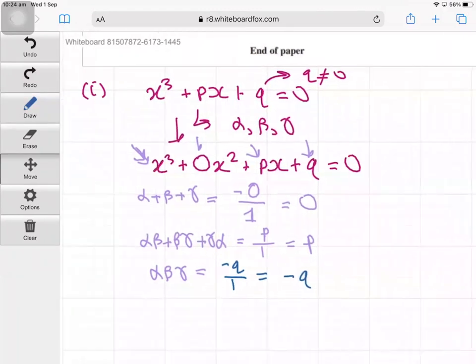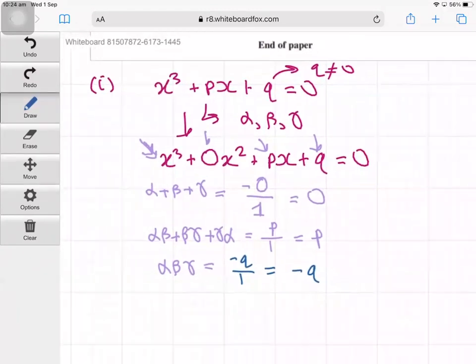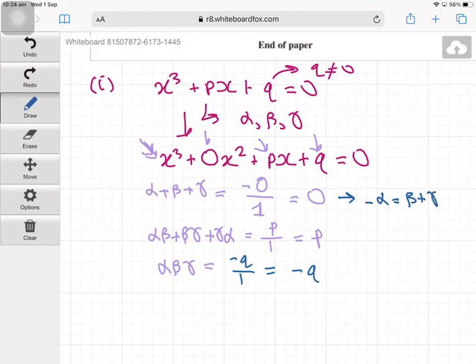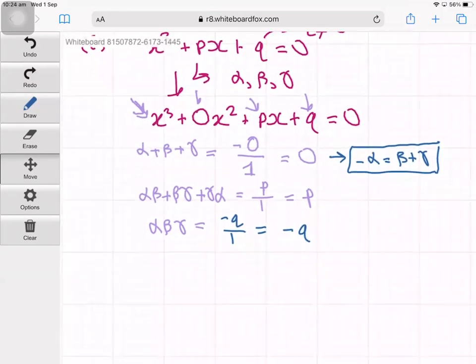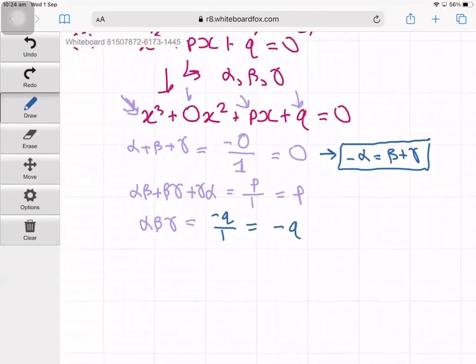Okay, so alpha plus beta plus gamma equals 0 gives us that minus alpha is equal to beta plus gamma. And now we want to find beta minus gamma squared.